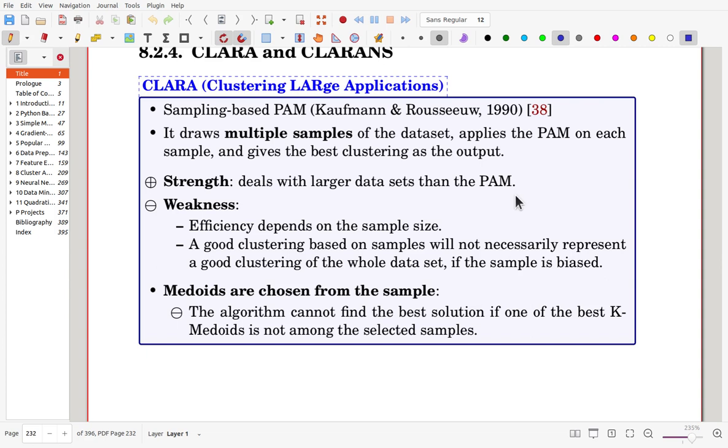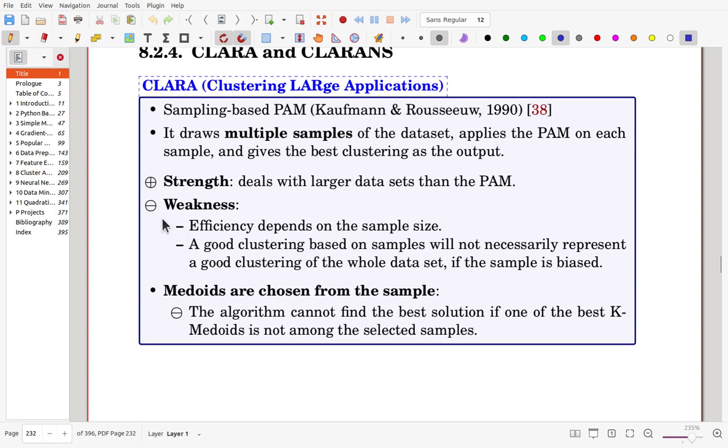Here, samples will have few points, so even though you draw multiple samples, each one will take a much shorter time, so eventually CLARA is more efficient than PAM.